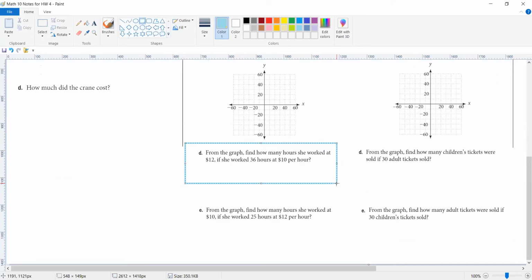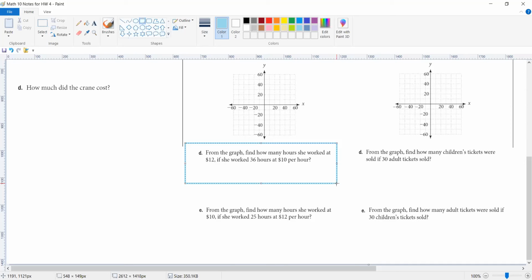I'm actually not going to use the graph. I want to find out how many hours she worked at $12 per hour if she worked 36 hours at $10 per hour. If you remember your variables, x was the number of hours worked at $10 per hour, y is the number of hours worked at $12 per hour.